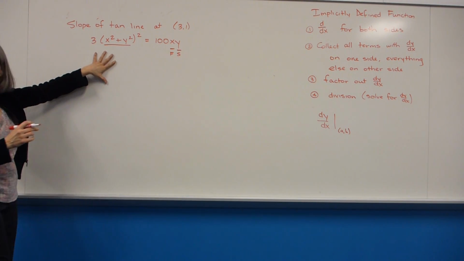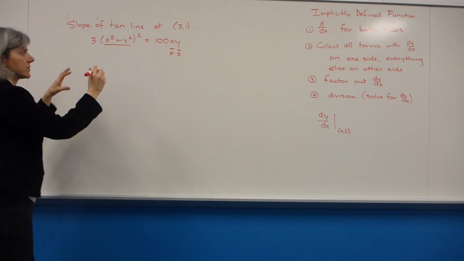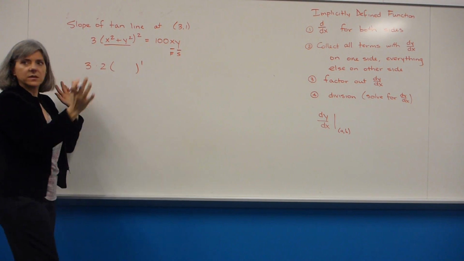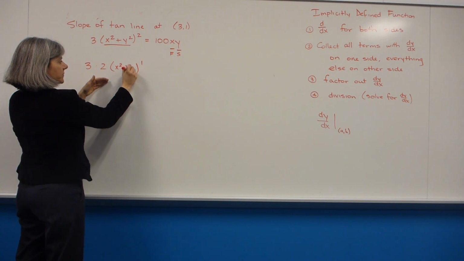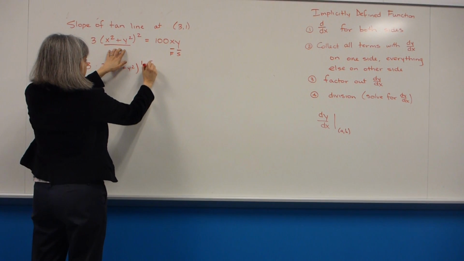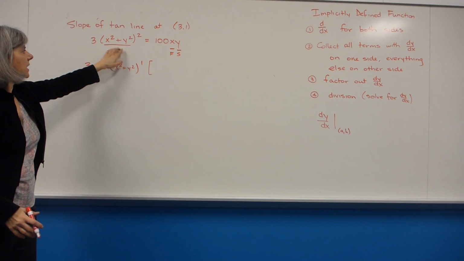Okay, so let's look at this one. This is a chain rule. 3 times something squared. So the derivative is 3 times, that's the something squared part, right? That's the power rule, so I drop the something back in. Now I need to do the derivative of the something. I'm a big fan of brackets. You know, if you just start a big bracket.